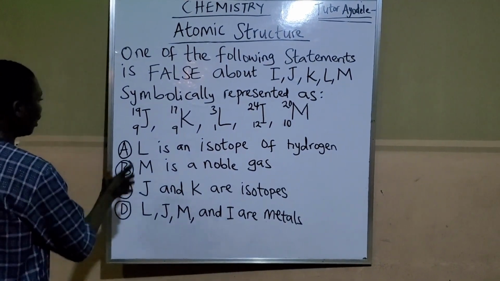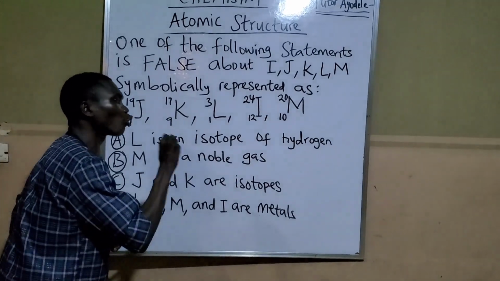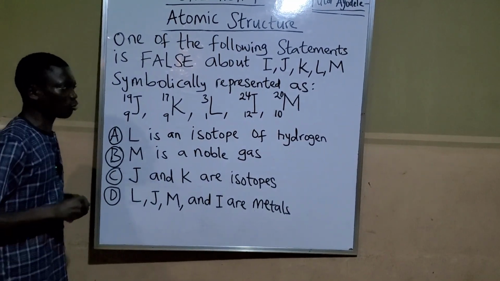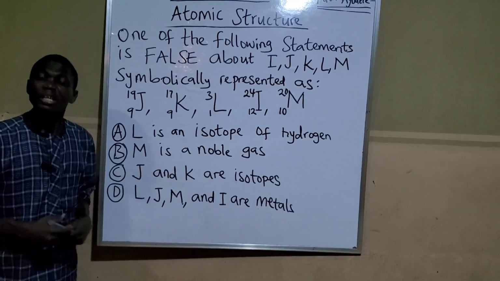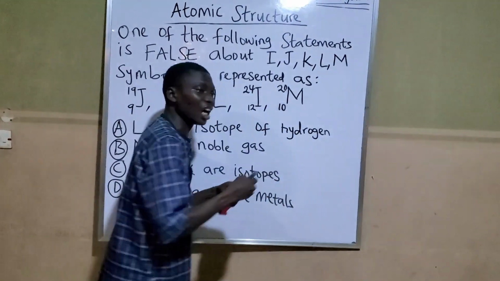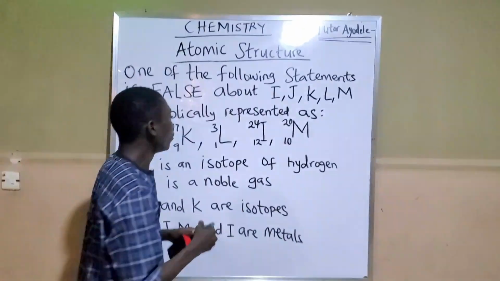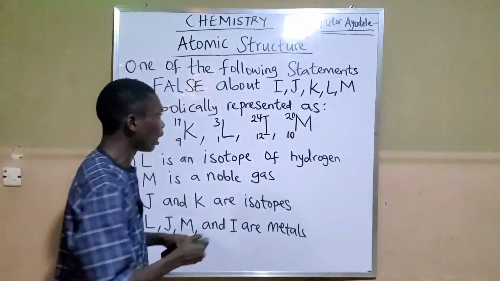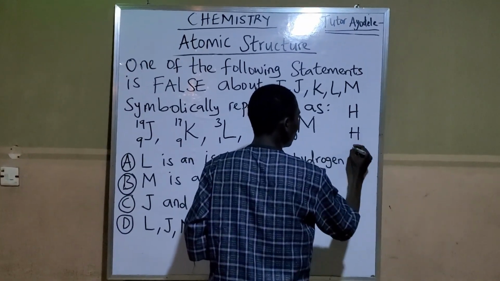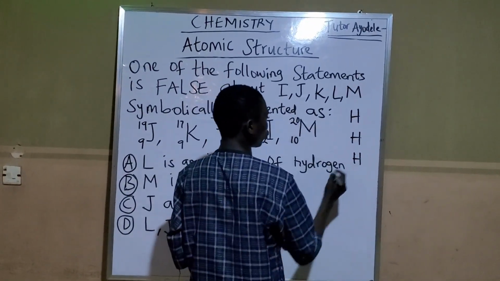Option A says that L is an isotope of hydrogen. Is it correct? Yes. What is an isotope? We said that in an isotope, they have the same atomic number, but different mass number. We have majorly three isotopes of hydrogen.